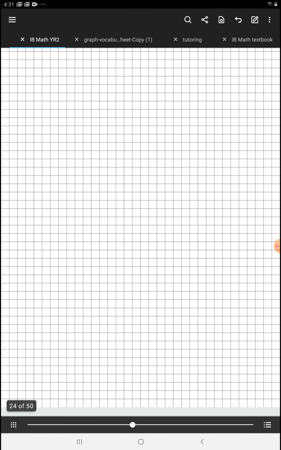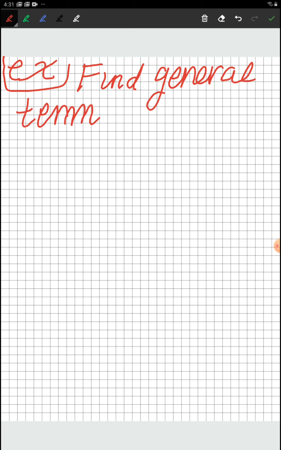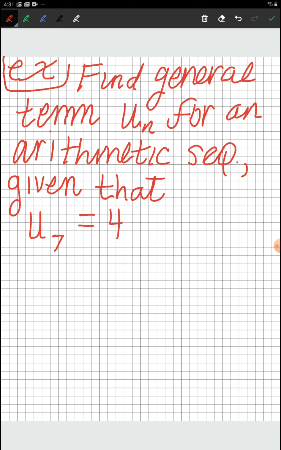Okay, last example. So let's see here. Find the general term U sub n for an arithmetic sequence, given that the 7th term is 41 and the 13th term is 77.